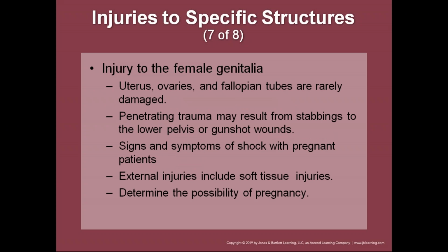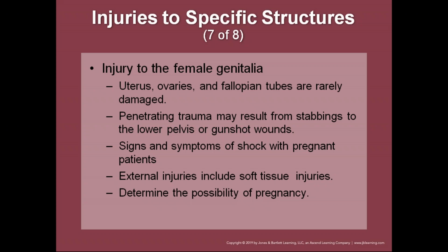small, fairly small, deep in the pelvis, and well protected by the pelvic bones. Penetrating trauma to the reproductive organs may result from stabbing to the lower pelvis or even gunshot wounds.